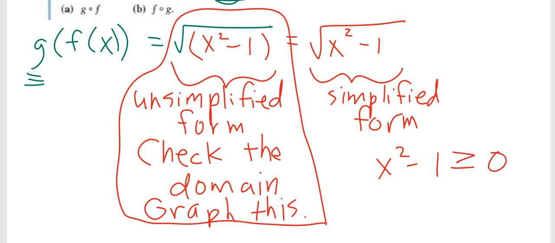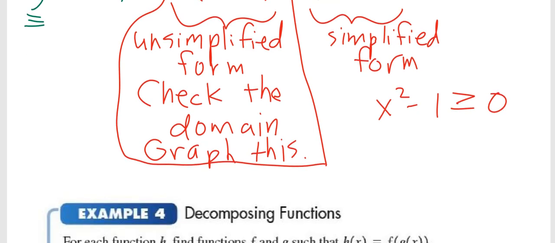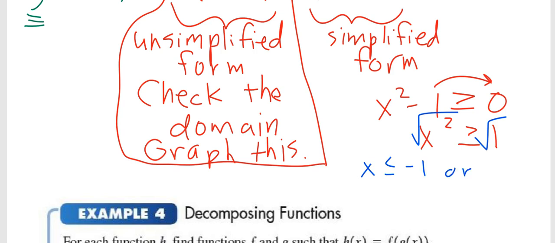We've said that several times with those radicands. Man, I'm running out of room here. So that means that x squared has to be greater than or equal to what? 1. Right? Because you add that to the other side. And how do you get x by itself? Square root, right?